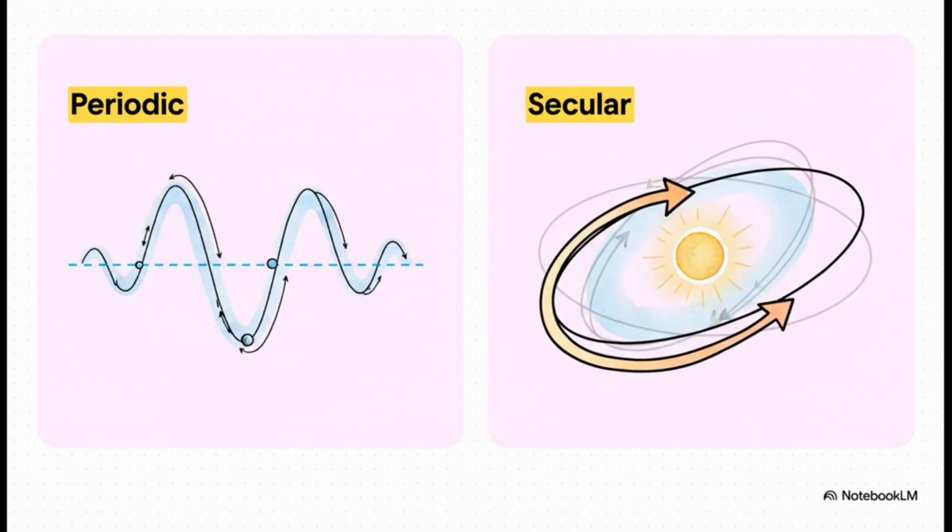Over time, they average out, and they don't leave any permanent changes to the orbit's main characteristics. On the right, however, we have secular perturbations. These are different. These are slow, cumulative, one-way changes to an orbit's fundamental properties, like its shape or its tilt. And over millions or billions of years, it's these relentless secular perturbations that ultimately determine the stability and the fate of an entire planetary system.